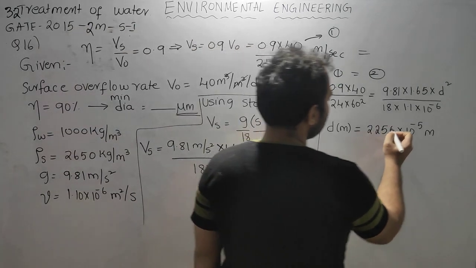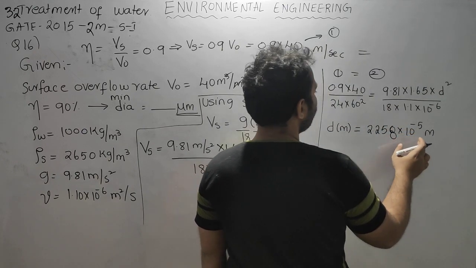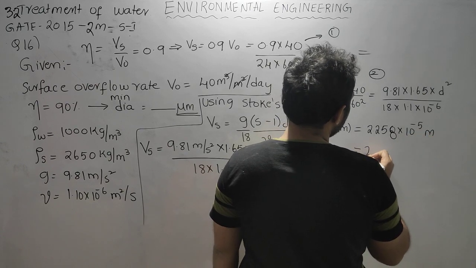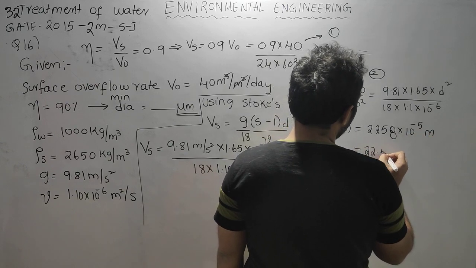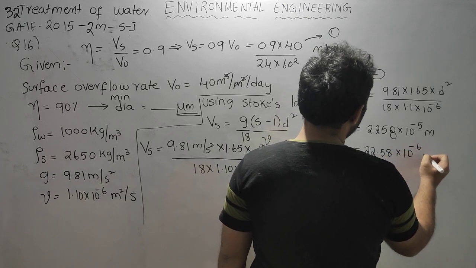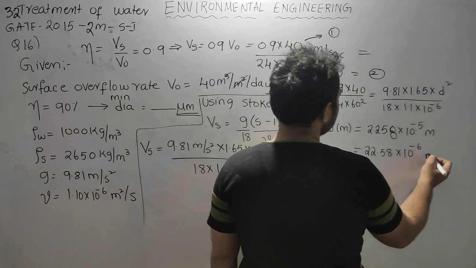If I want to convert this into micrometer, that means I can write this as 22.58 into 10 to the power of minus 6 meter.